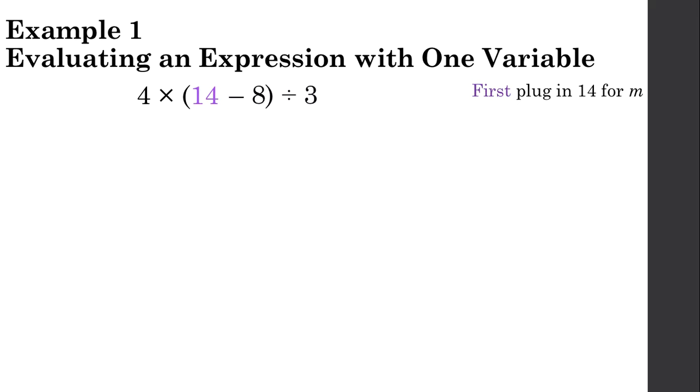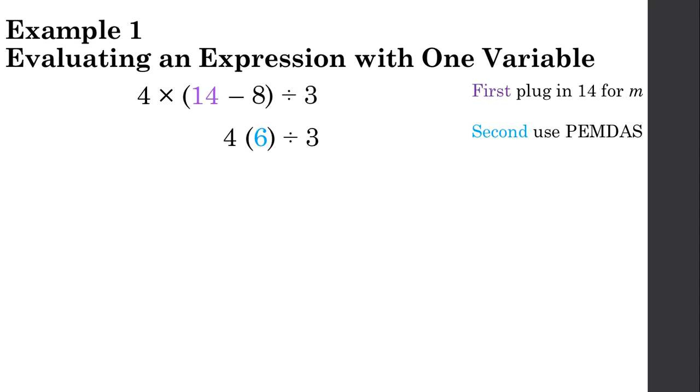Now that we have a numerical expression, we can use the order of operations to evaluate it. So first we look for parentheses. Inside of our parentheses we have 14 minus 8, which is equal to 6. And then we look for any exponents. No exponents in this problem.